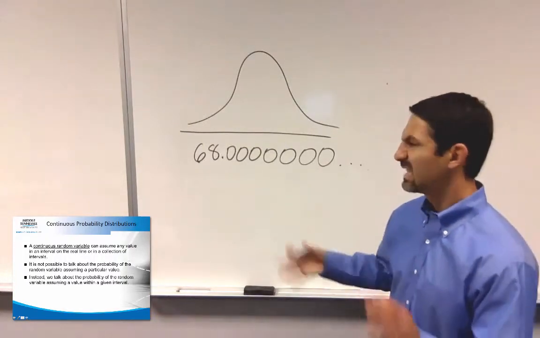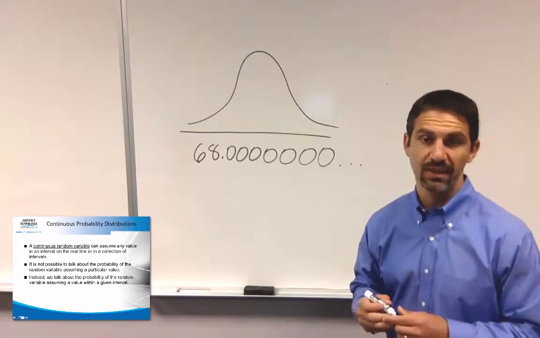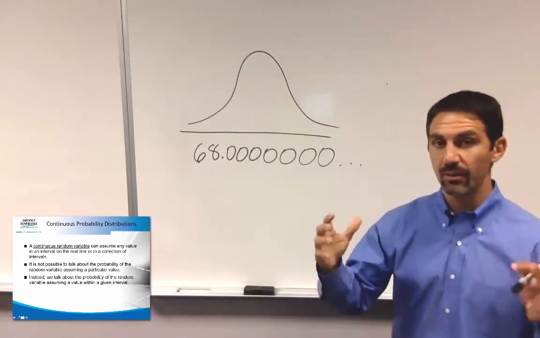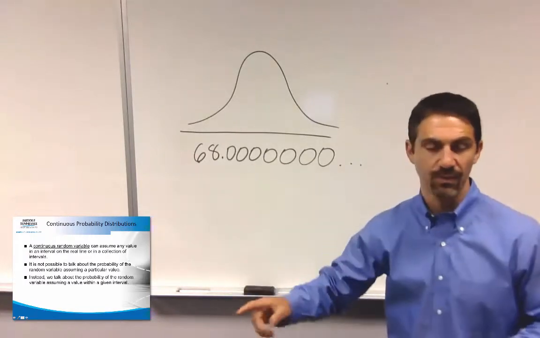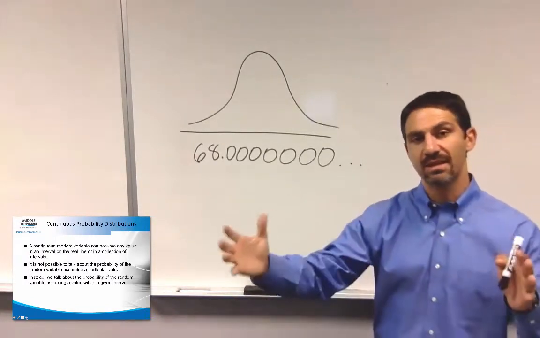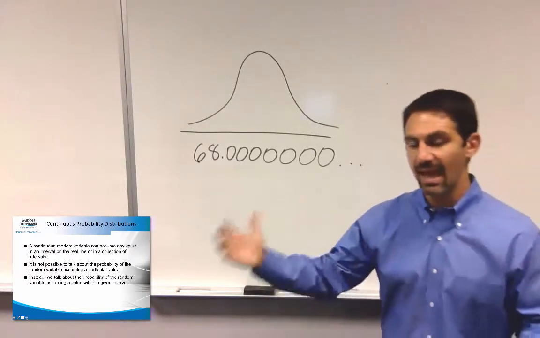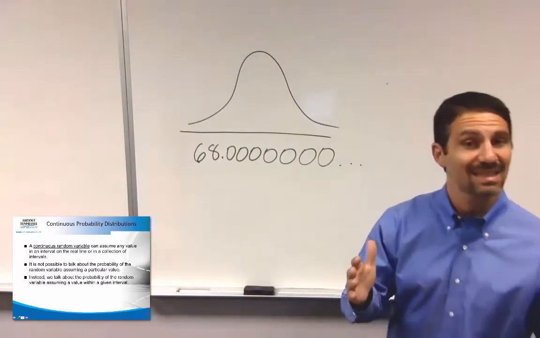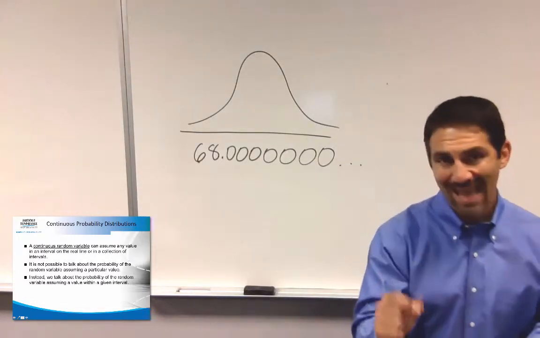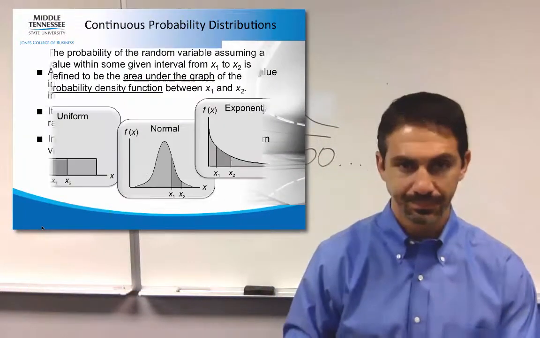But if I say 68 to 69, now I can look at that, and there's a lot of people that are between that, and I can come up with a probability based on a range as opposed to an individual value. So everything we do in here is going to be based on a range. What's the probability of being between 68 and 69? What's the probability of being greater than 68? What's the probability of being less than 68? Never exactly 68 in terms of continuous data.